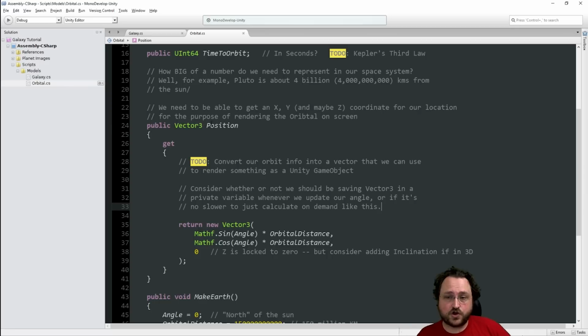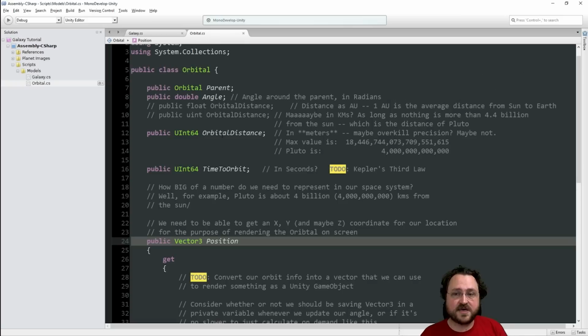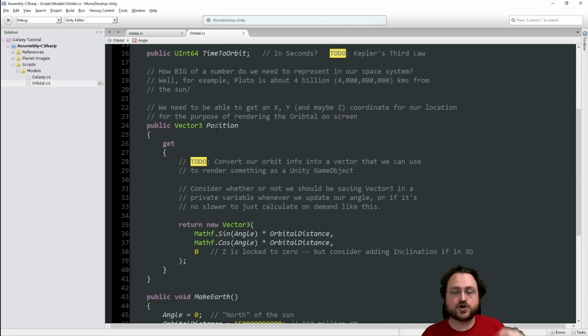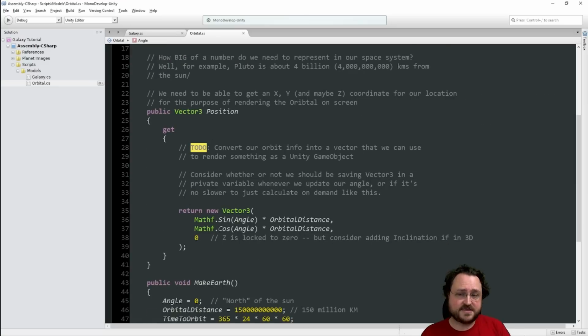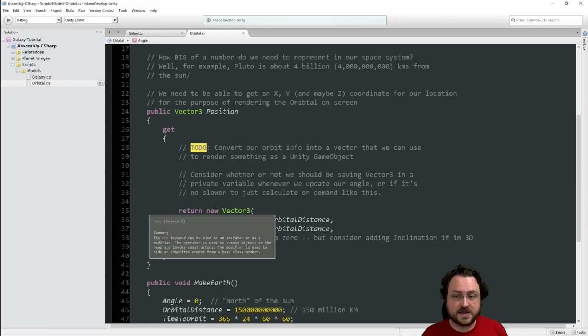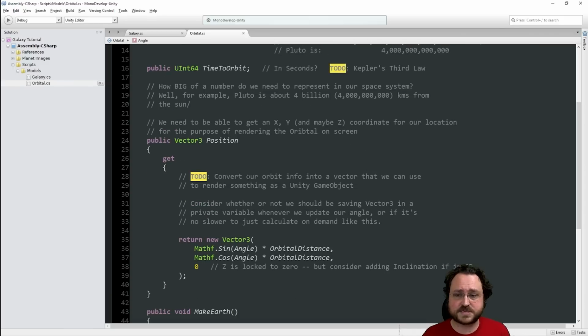Depending on how often you ask for an orbital position, if you ask for this much more often than you change the angle, then you're going to want to save the Vector3 in a private variable and just do that. If you end up asking for position about as often as you change the angle, then this is going to be the same in terms of processing speed, and actually saves you a little bit of memory because you don't have to save it.